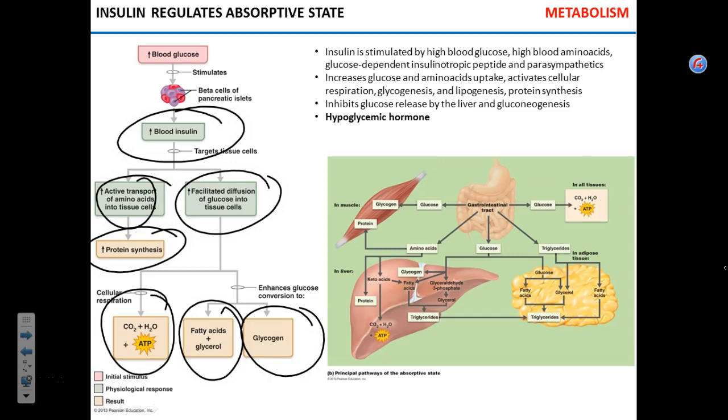Does that make sense? It is called a hypoglycemic hormone because it reduces blood glucose, and insulin is also technically an anabolic hormone. Insulin does stimulate protein synthesis. Does that make sense? Are we clear about it?